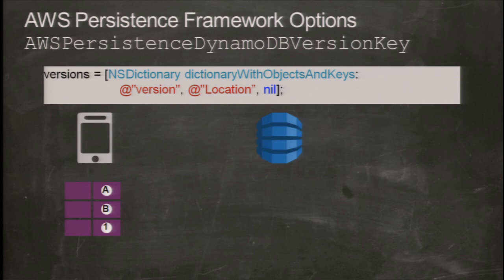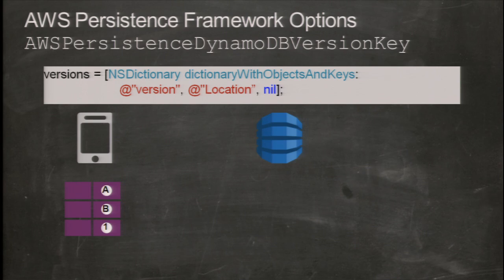Next, we have the AWSPersistenceDynamoDBVersionKey. This is very similar to the DynamoDB version attribute annotation from the mapper, and it's a dictionary of version attribute to entity. Just as a reminder, what this behavior does is give us a versioned number of our item inside of DynamoDB.